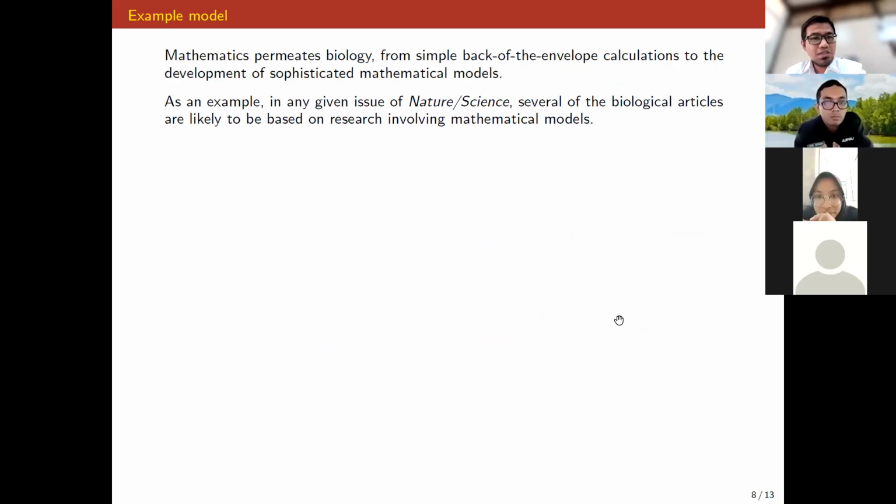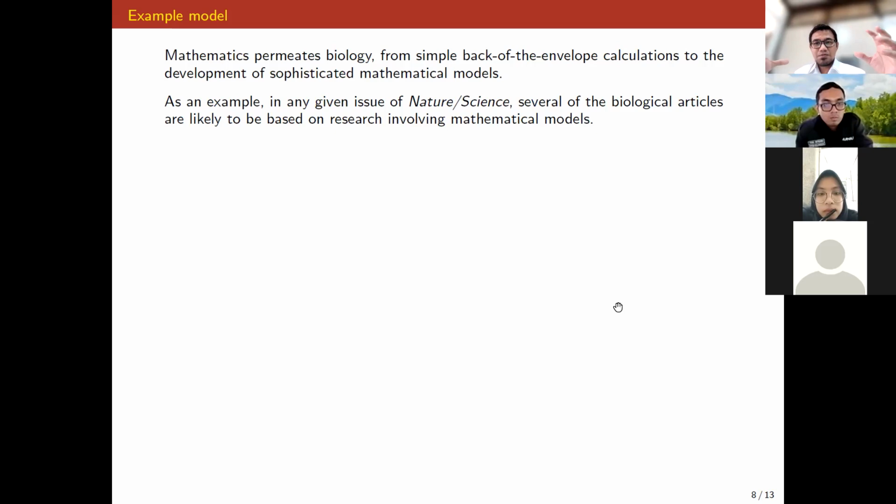This is just the introduction for the models. So mathematics permeates biology. From the perspective of biology, for example, we want to study models in nature, phenomena. Of course, we have to know the biological concepts and biological theories, and then that concept is brought to mathematics, explained, and transferred into mathematical equations.